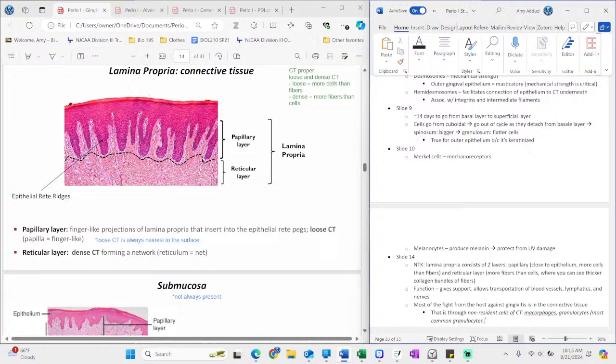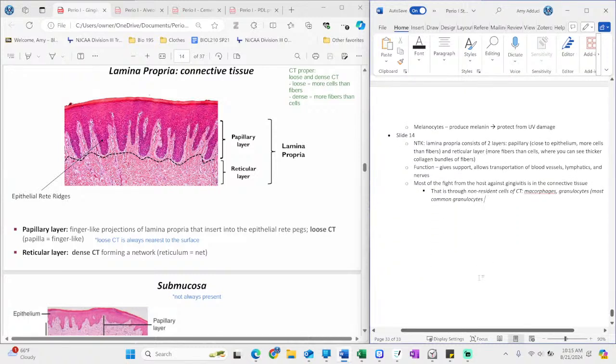Remember, there are three types: neutrophils, eosinophils, and basophils. The most common to find, because it's the most abundant, is the neutrophils. Okay, so those, and then we have plasma cells, the final differentiation state of the B lymphocytes. All that happens in this area. Okay, those are the most important things to remember regarding the oral mucosa.